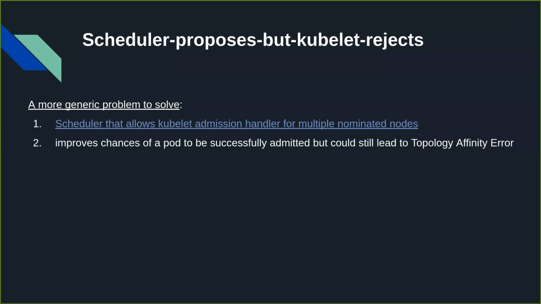Yeah, just before we end, I just want to bring this up as well, which we had brought up in one of the PR discussions. Like I mentioned, there's probably a more generic problem to solve here: the scheduler proposes and indicates that a node is suitable, but the kubelet on that node rejects it.